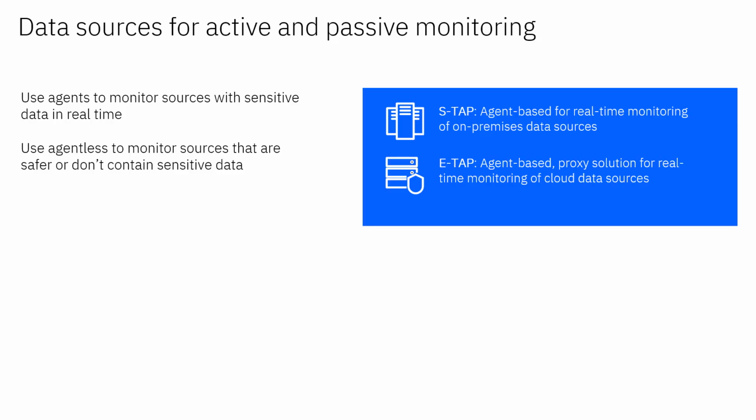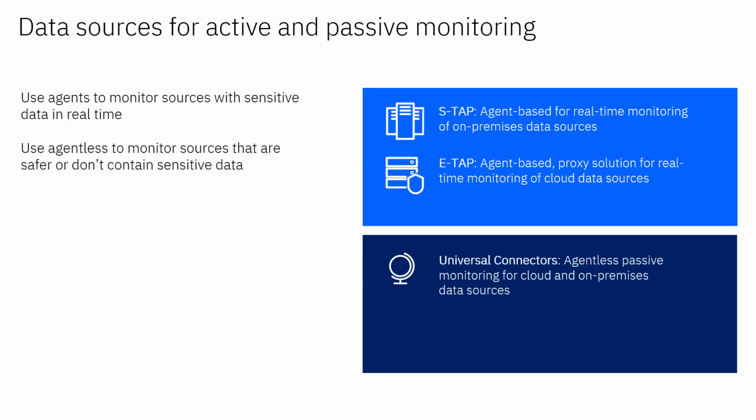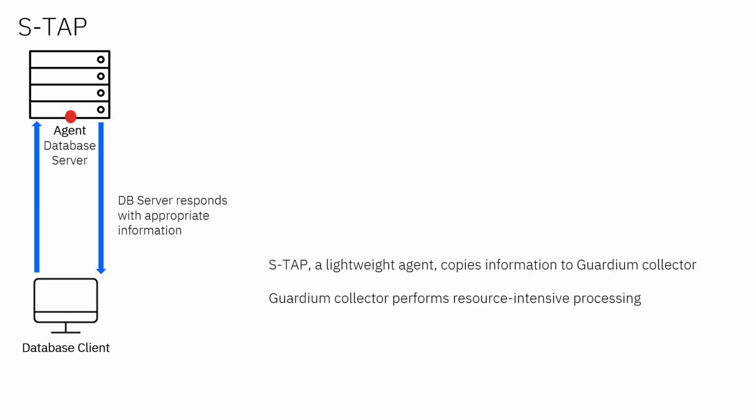Agentless options include universal connector plugins and cloud event streams. These agentless options work with third-party clouds where you can't install an agent and are better for passive monitoring of less sensitive data.